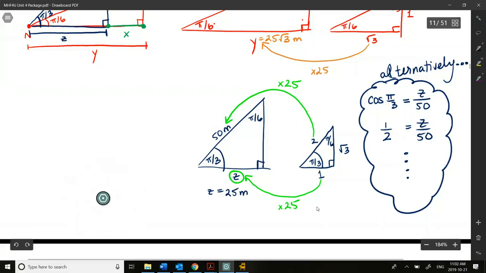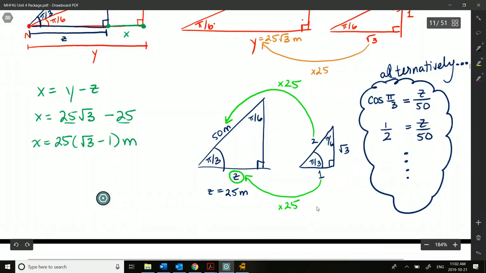Yep. Okay, so if x equals y minus z, x must be equal to 25 root 3 minus 25. Okay, and then oftentimes to simplify this expression, because I have 25 and 25 in each term here, we would common factor out the 25, and it would be 25 times root 3 minus 1 meters.